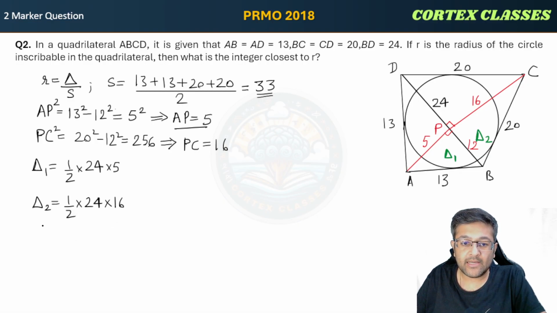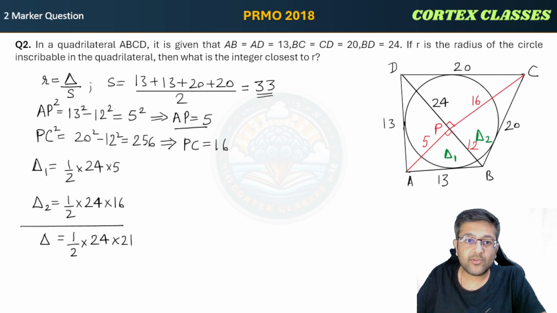So the total delta, if you simply add them, we can make calculations easier a bit. Don't need to calculate every step. So half into 24 is common. So 16 plus 5 gives you 21, right? That's it. So guys, now you can calculate. 2 will cancel 24 for 12, right? So that delta value is 12 into 21, right?